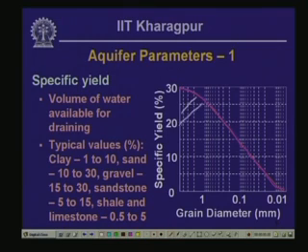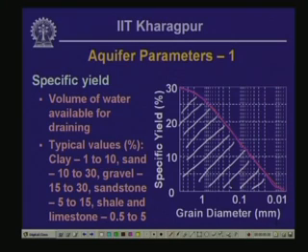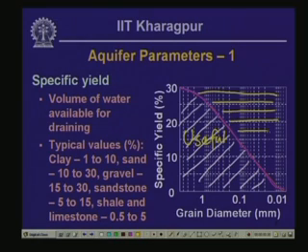The area below the correlation presented on the plot represents useful groundwater, and the portion on the top and right of this correlation, on the other hand, represents groundwater which cannot be tapped. Okay, so that is the concept of specific yield.